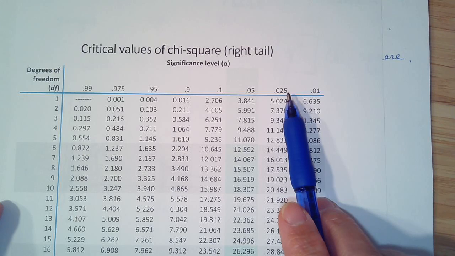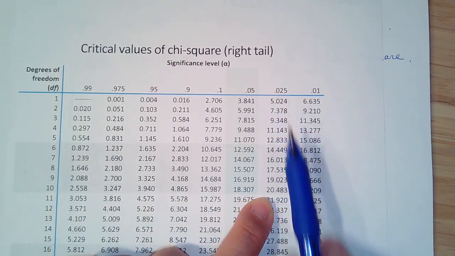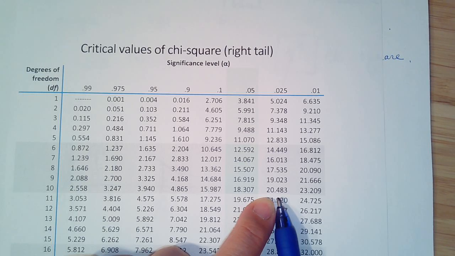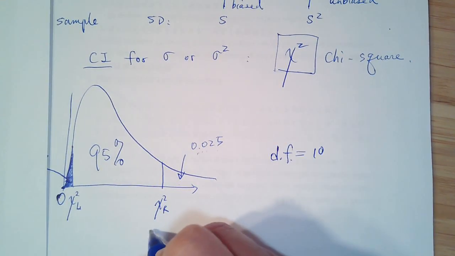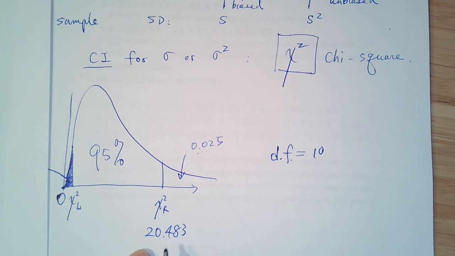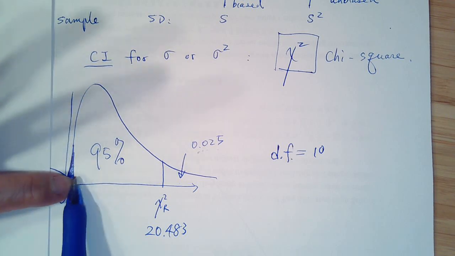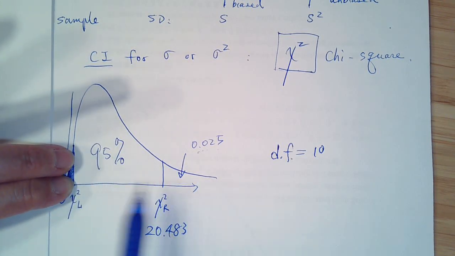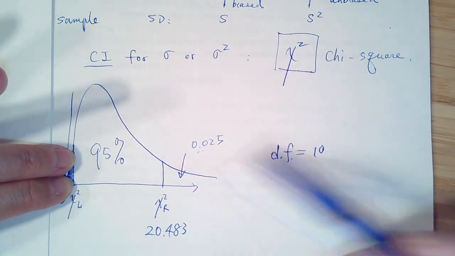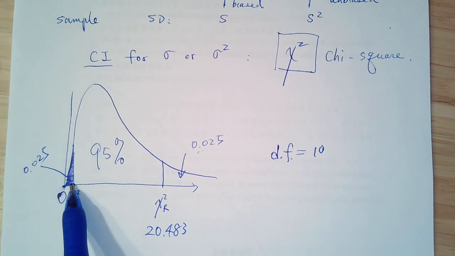The right tail is 0.025, degree of freedom 10, so we get 20.483. That is your one critical value. What about this other number we're looking for? The right tail is, because the whole area under the curve is 1, and this shaded dark triangle is 0.025.